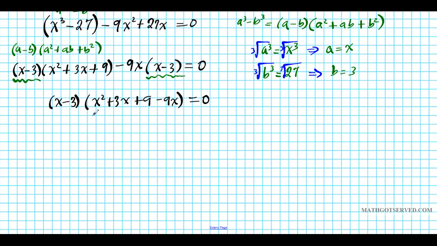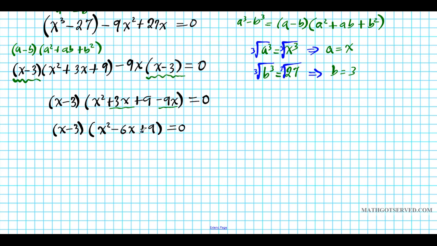Now if you look at the second quantity, we can combine positive 3x and negative 9x. So we have x minus 3 times x squared minus 6x plus 9 equals 0. Now, take a look at this quadratic trinomial. Can it be factored? That's the question.